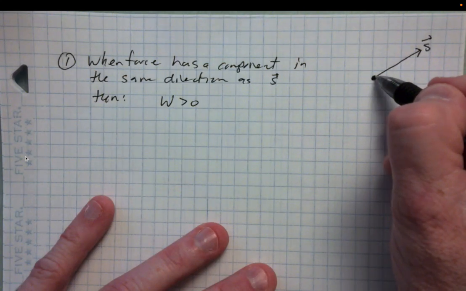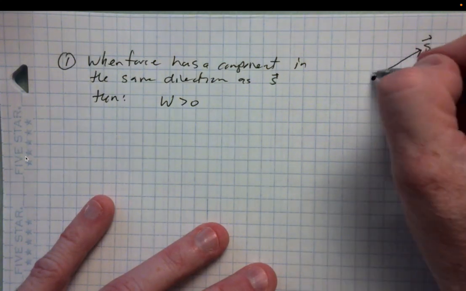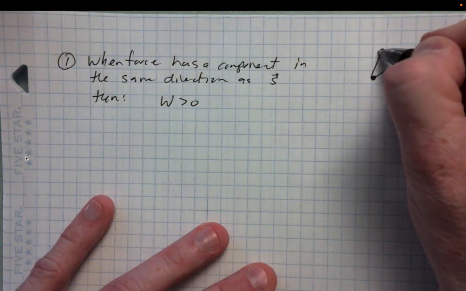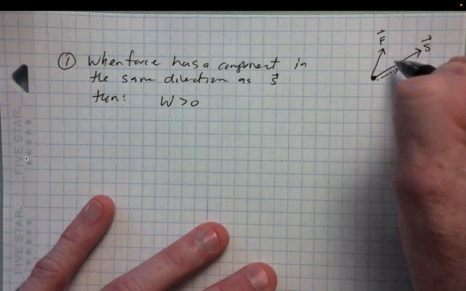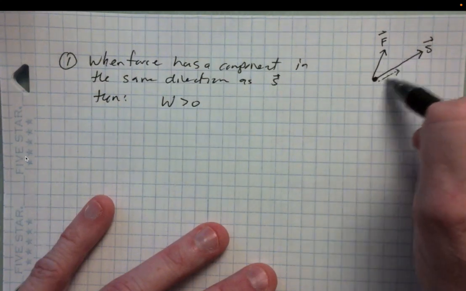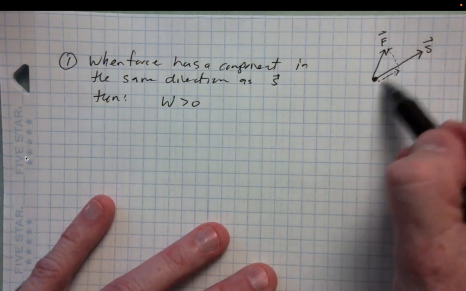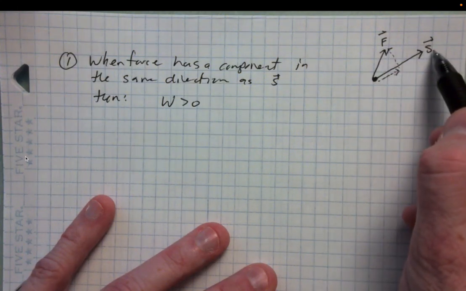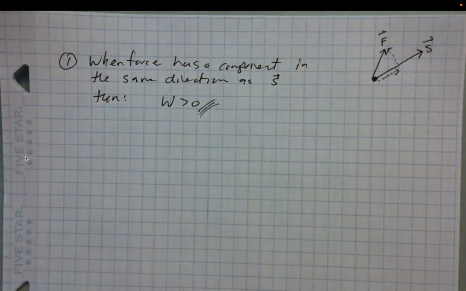Now my force vector could be perfectly aligned with that displacement. It could be a little bit off, right? But so long as one of the components is in the direction of the displacement, then the work will be positive. So the force vector would have these two components, this direction and that direction. One of them is in the direction of S. Okay, and so as long as that's the case, then you've got positive work.